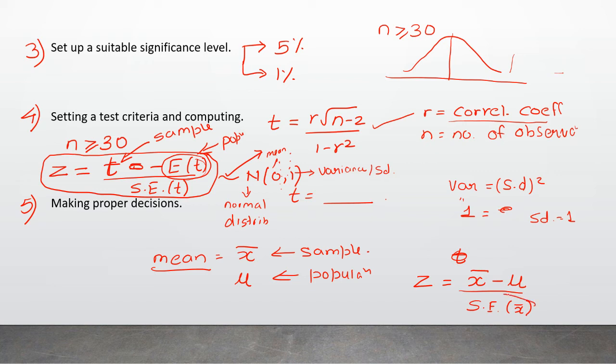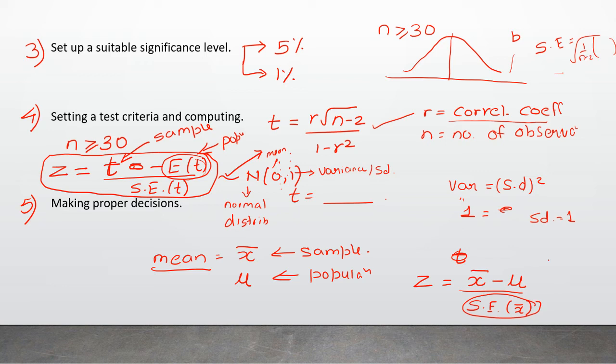Now, standard error is different for different kinds of comparisons. As for the regression coefficient b, we had defined the standard error as root of 1 upon n minus 2 and so on, if you remember.